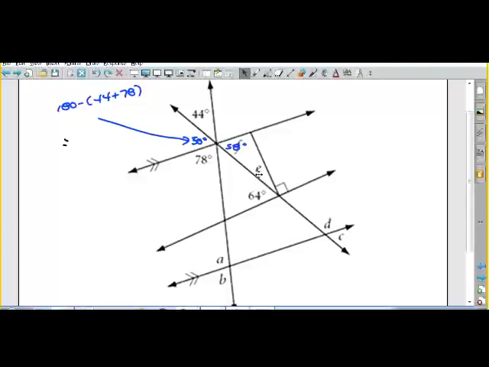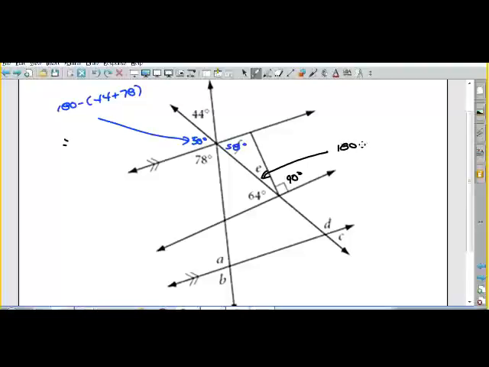Okay, so James, how would I figure out what angle E is? Here's a straight line. Here's a right angle. Yeah.